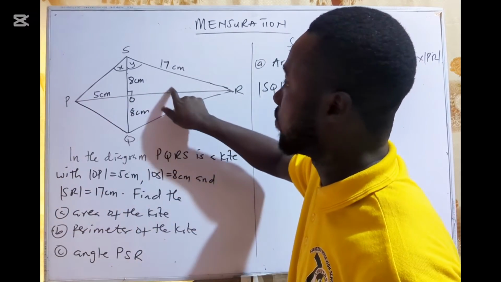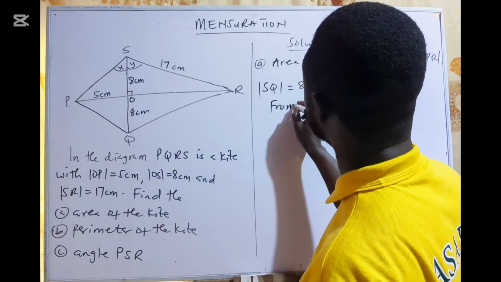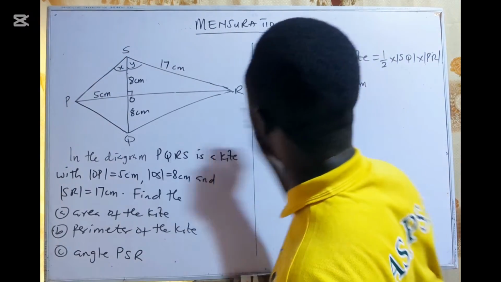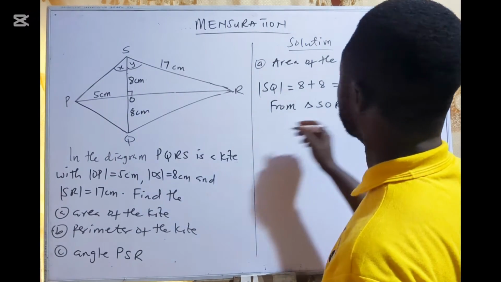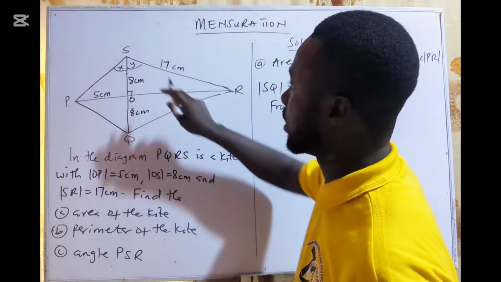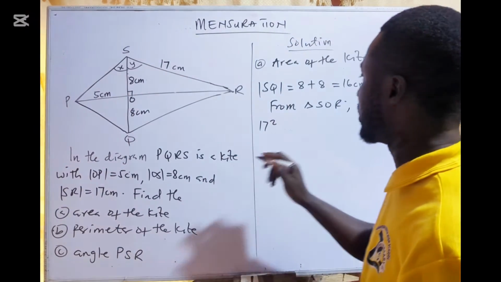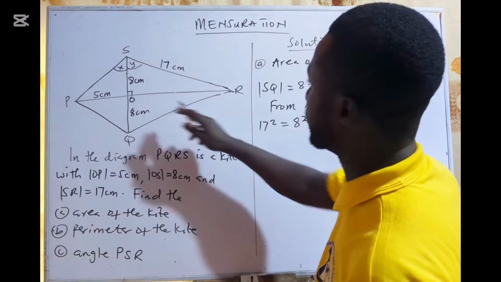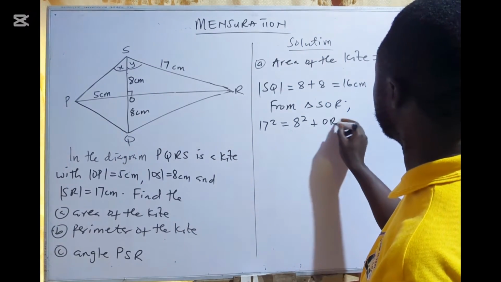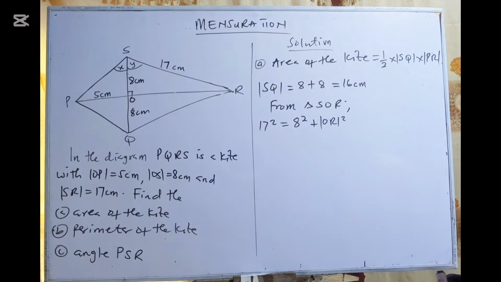From triangle SOR, this triangle, here is 90, so 17 is the hypotenuse and is equal to 8 squared plus OR squared, so that we can find our OR.